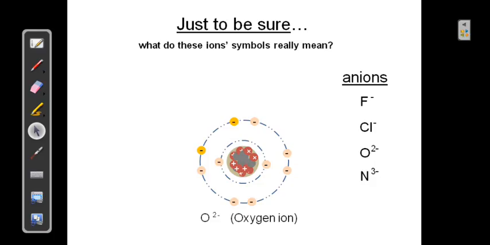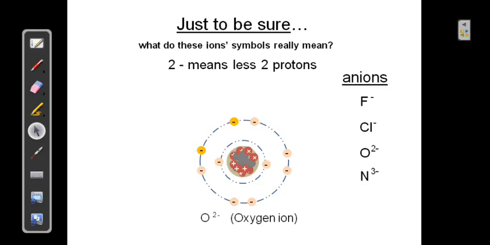That's all it means. Well, you can say it has 2 extra electrons, but does O2 minus stand for additional 2 electrons or less 2 protons? I would rather read it as less 2 protons. It makes my mind very much clearer. Don't you think so? So 2 negative means 2 protons less. Just as simple as that.